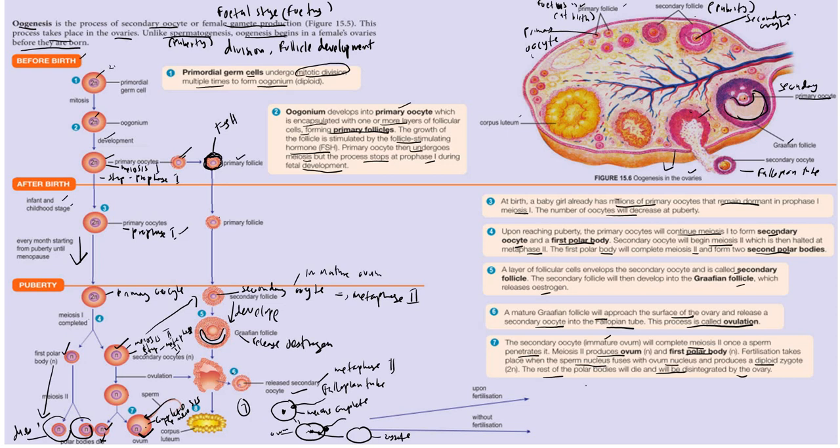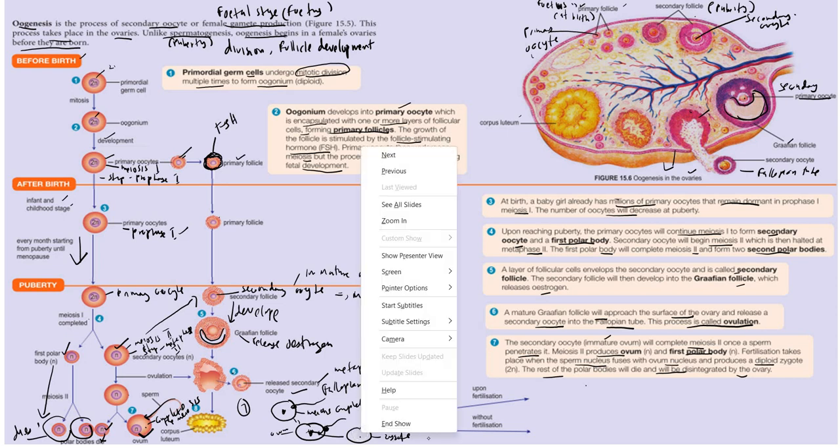Okay, so when the sperm penetrates, it will produce ovum. The secondary oocyte will produce ovum only when it is penetrated. But when the nucleus of ovum and nucleus of sperm combine, it will produce zygote.